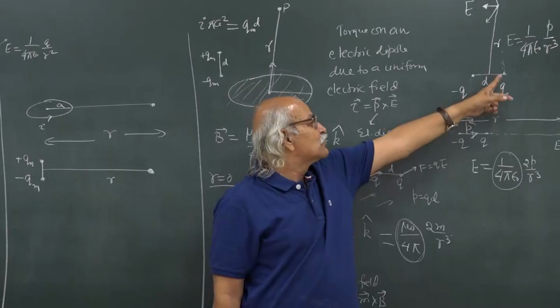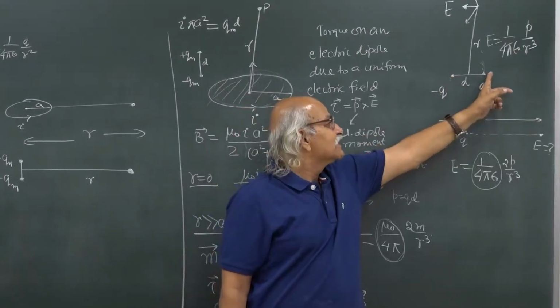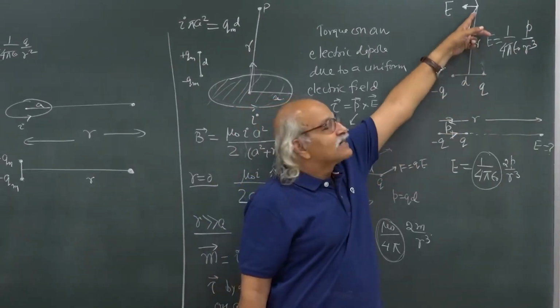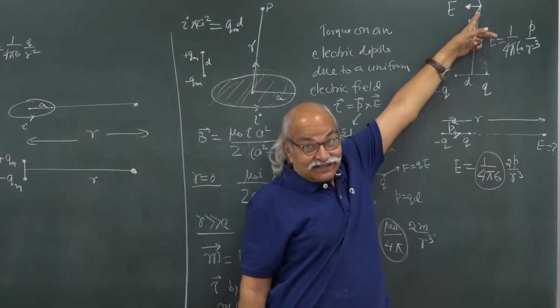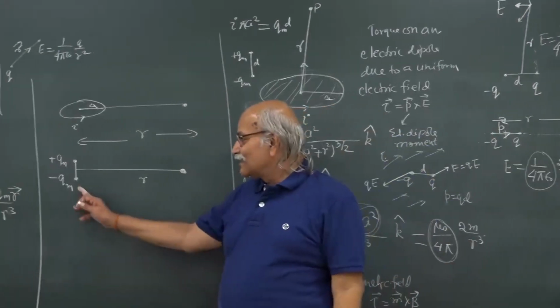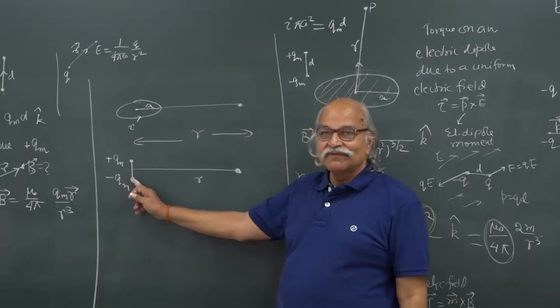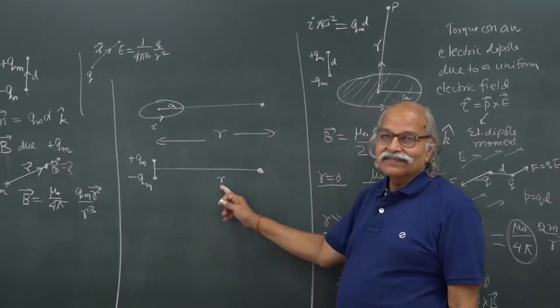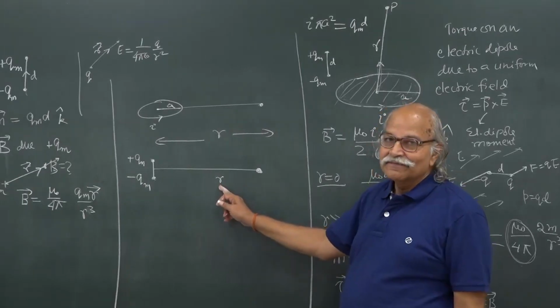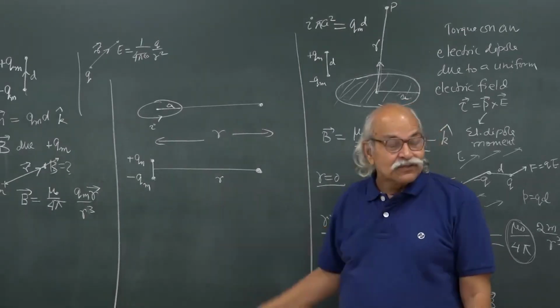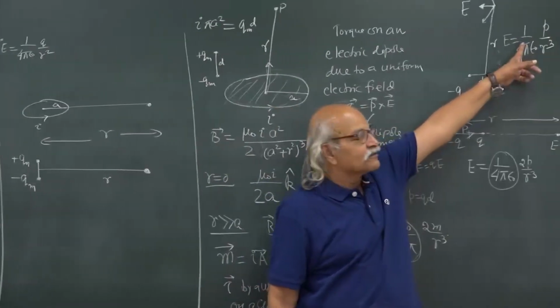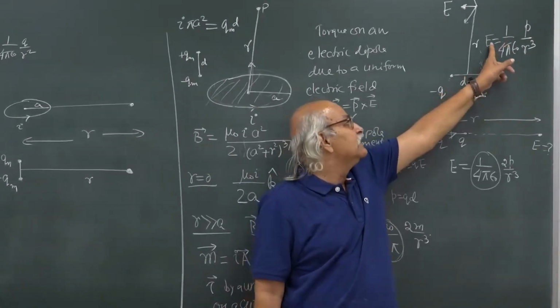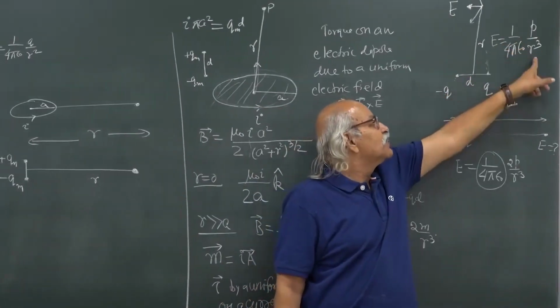You have minus q, plus q, the moment is in this direction and you want the electric field at the perpendicular bisector, and here also minus qm, plus qm, and the perpendicular bisector at a large distance, what is the magnetic field? So here we know the equation, E is 1 by 4 pi epsilon naught, P by r cube.